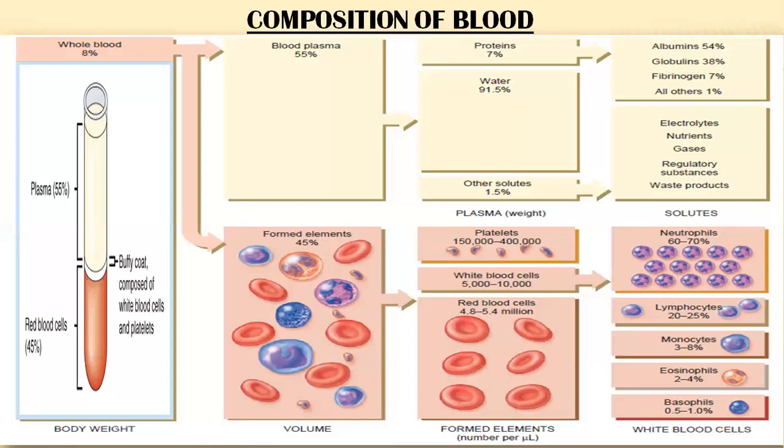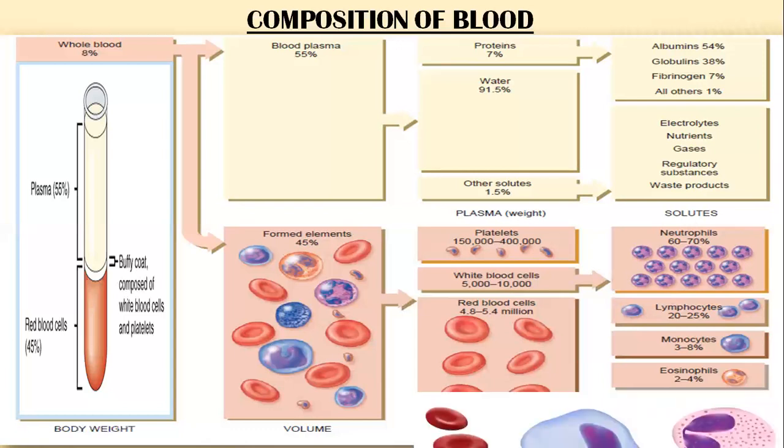Then monocytes, 3 to 8%. Eosinophils, between 2 to 4%. And then basophils, between 0.5 to about 1%. So the majority of white blood cells are neutrophils, followed by lymphocytes, then monocytes, eosinophils, basophils.